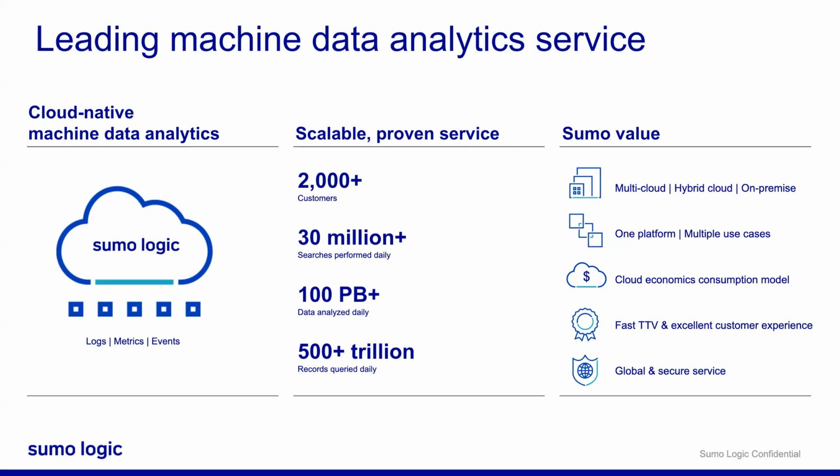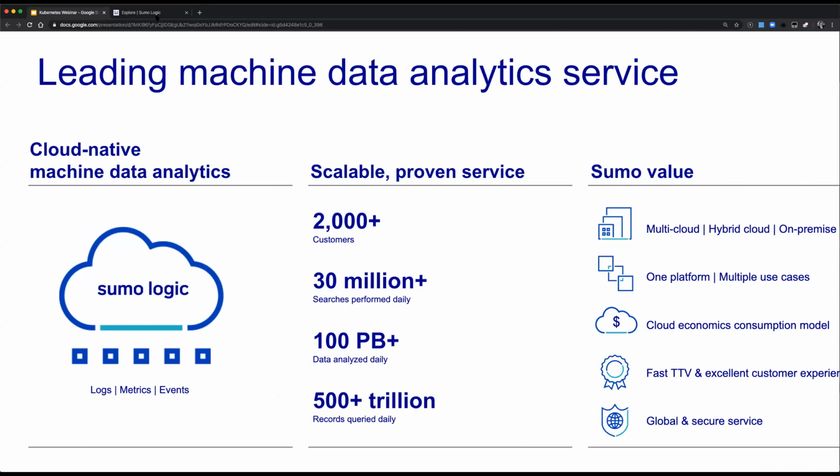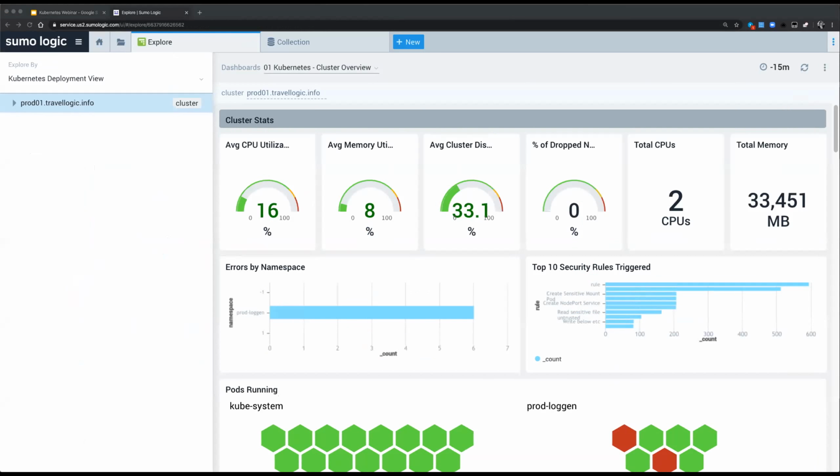So without further ado, let's go ahead and hop over to the Sumo Logic platform. So this is the Sumo Logic platform, and more specifically, the new Explore tab that was built in conjunction with our new dashboarding framework for our Kubernetes solution.